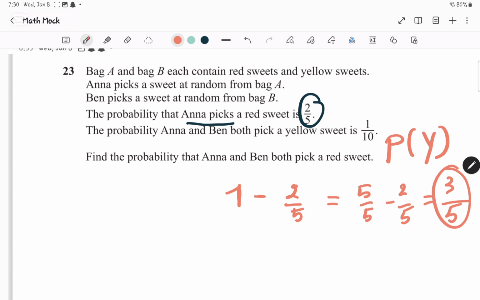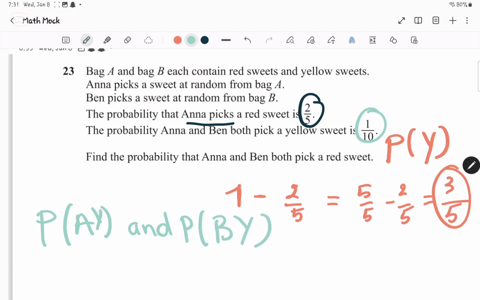Now they told us that the probability that both Anna and Ben pick a yellow sweet is 1 out of 10. So we have the probability of Anna picking a yellow sweet being 3 over 5. And they told us that they need the probability of Anna picking yellow and the probability of Ben picking yellow. In math, and means multiplication.